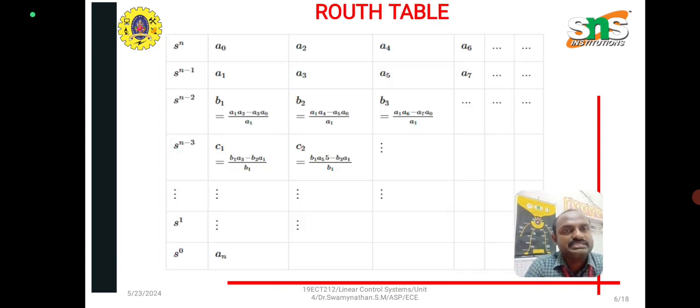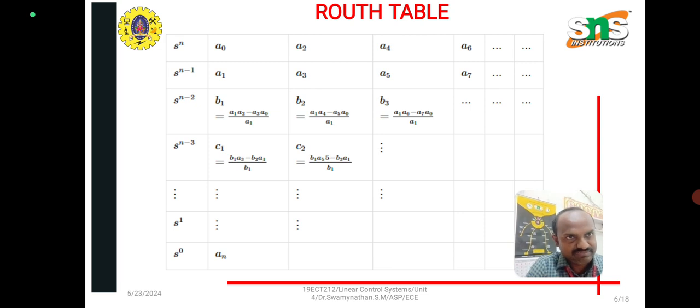Look at this s power n. The s power n row has a0, a2, a4, a6, the even coefficients. The next row, s power n minus 1, has the odd ones: a1, a3, a5, a7.